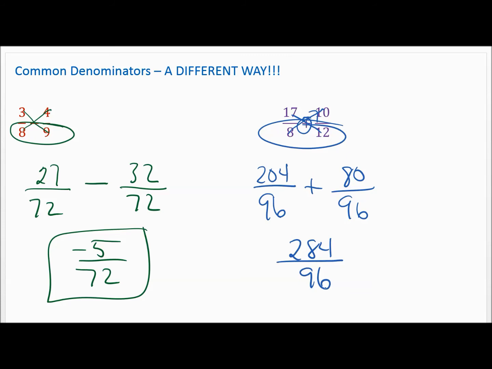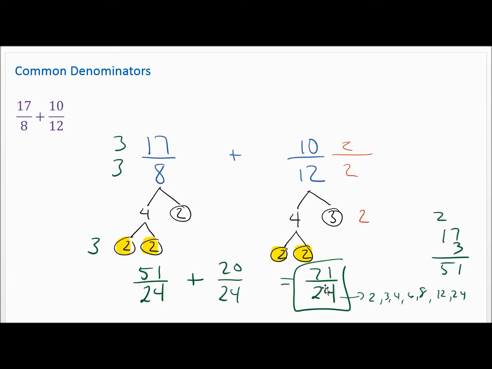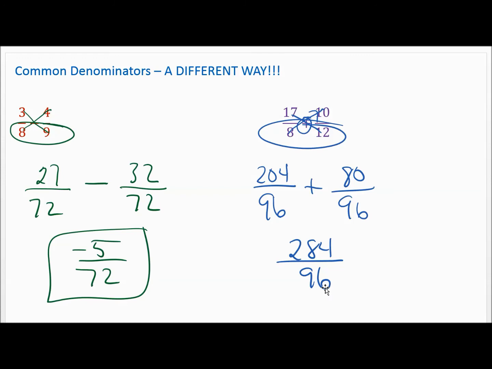That reduces. And see, when we did it before, let me show you the answer we got before. We got, let me find it. I'm sorry. There it is. Okay, 17 over 8 plus 10 over 12, we got 71 over 24. You would have to reduce this to get the 71 over 24. So you would need to see that that 96 divides by 4 and that 284 divides by 4.